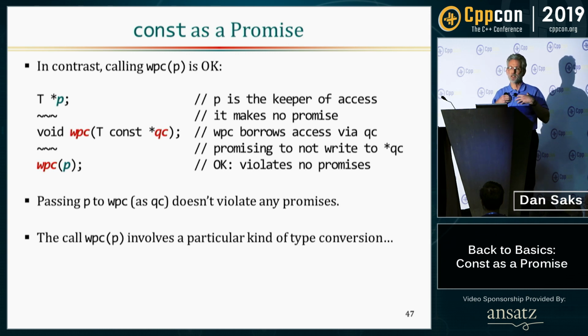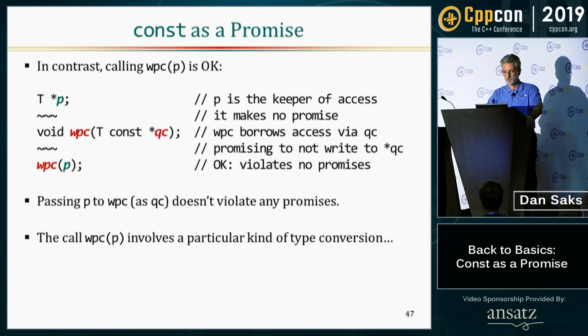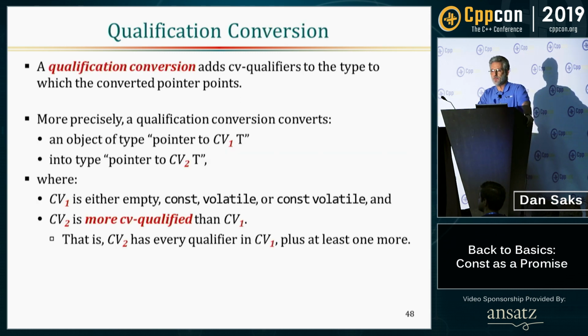I'm not giving up the right to change it or to give it to other people who want to change it, but I'm asking you, while I lend it to you, to not change it. That promise is perfectly legit. There's a name for this kind of pointer conversion. It's called a qualification conversion. And basically, it adds CV qualifiers to the type that the pointer is pointing to.